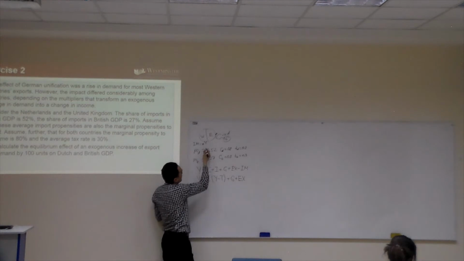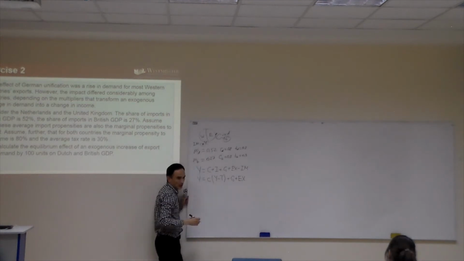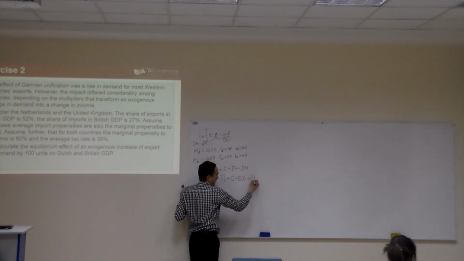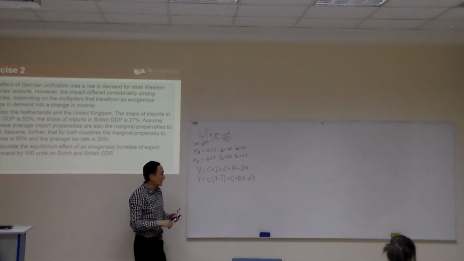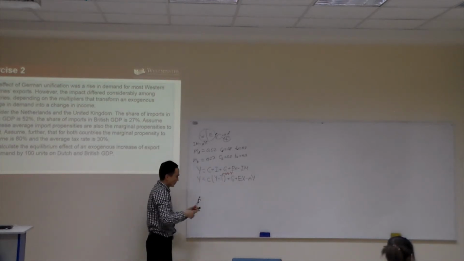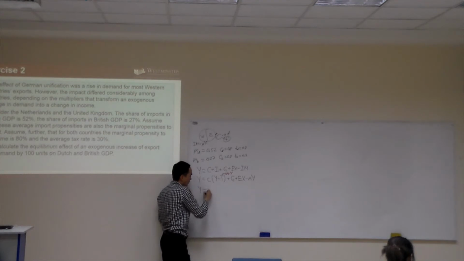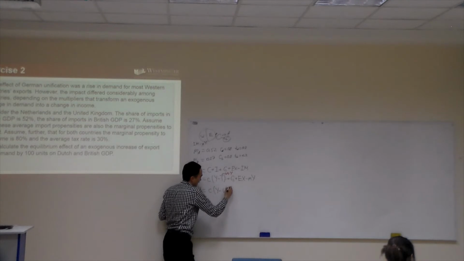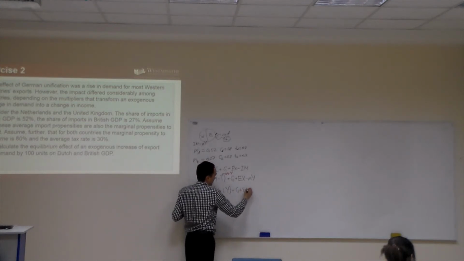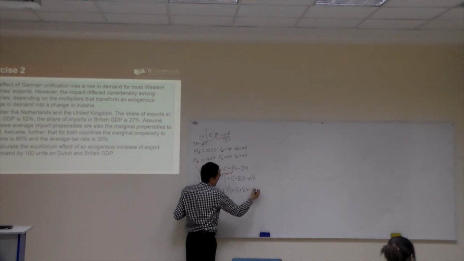Import is equal to marginal propensity to import times output. And tax itself is equal to tax rate times output. So output is equal to C1 times output minus tax rate times output, plus government spending plus export minus marginal propensity to import times Y.